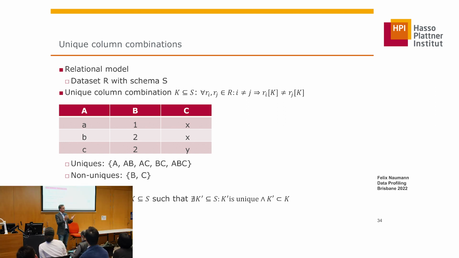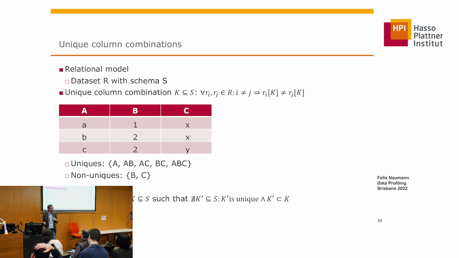So you look at two records and you say, okay, the values for my key have to be different. So if you look at this particular example here with 3 columns, a very trivial example, A is a unique column combination, clearly. AB as well, AC as well. BC taken together is unique, and ABC together is also unique, of course, right?